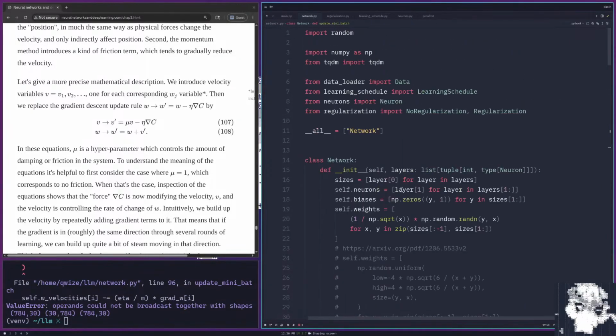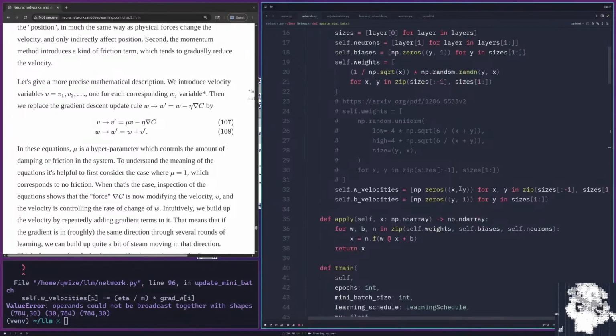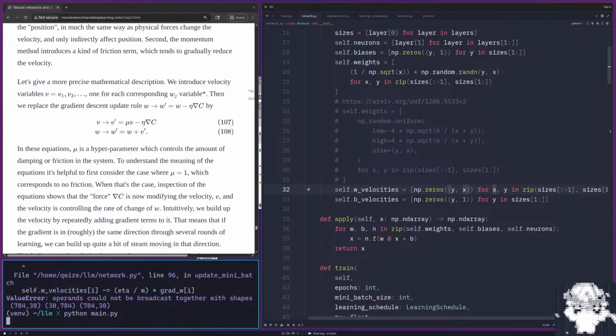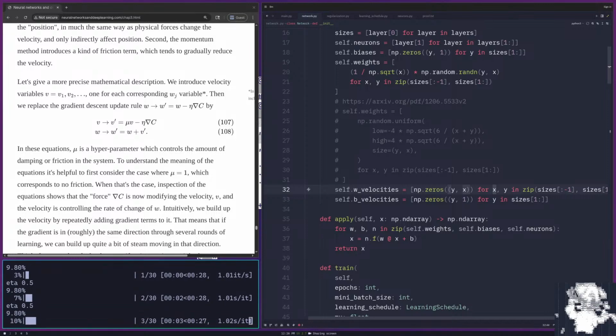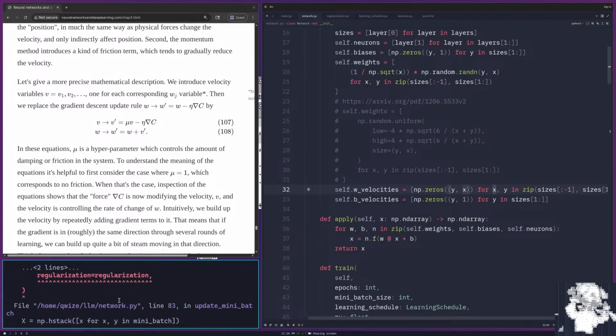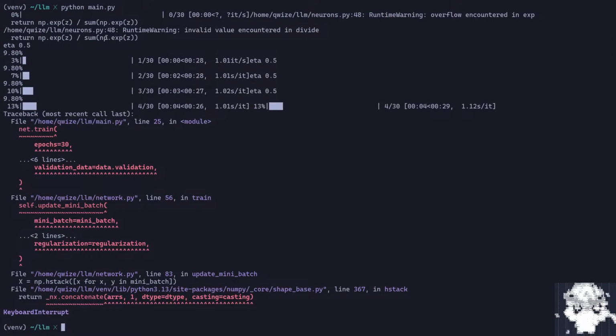I think I must have one of my initializing things backwards here. Is this y comma x? All right, we're barely learning. What's the issue here? It's hard to tell what the issue is when these things happen because the issue shows up somewhere else.